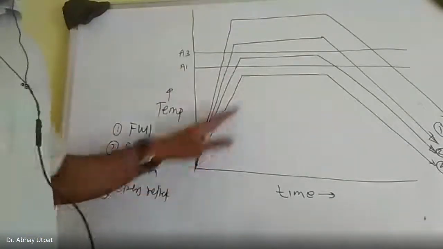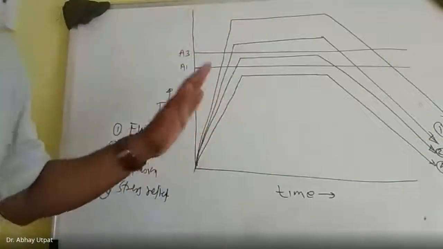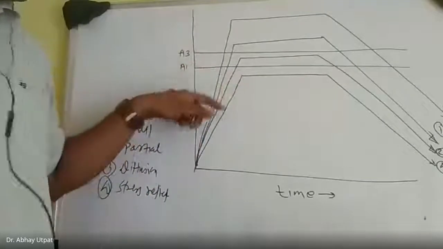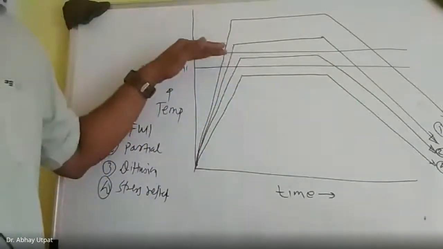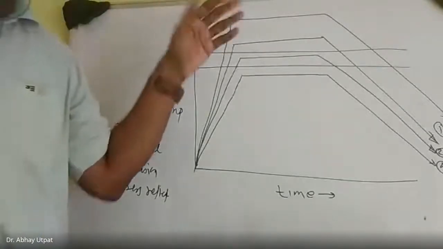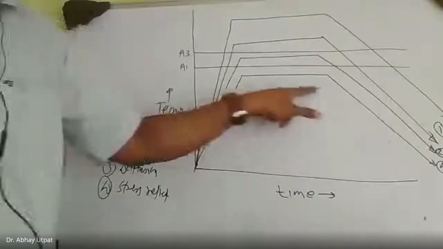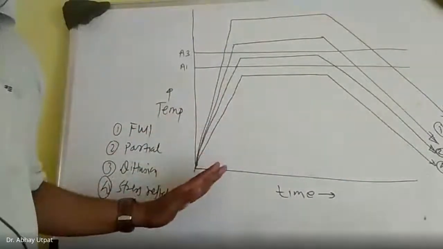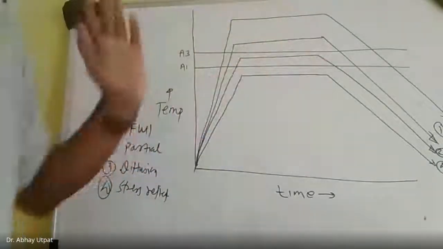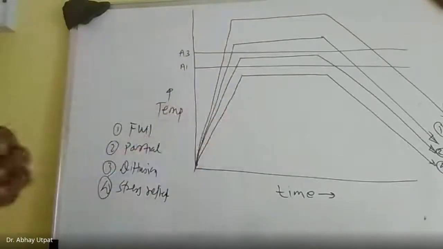This heating will not cause any phase change: alpha plus pearlite remains alpha plus pearlite. In other cases, above A1 pearlite is converted into austenite, and above A3 there is 100% austenite. So for the fourth curve, whatever phase you have at room temperature remains the same up to heating and soaking, because you are below A1. So this is stress relief annealing.